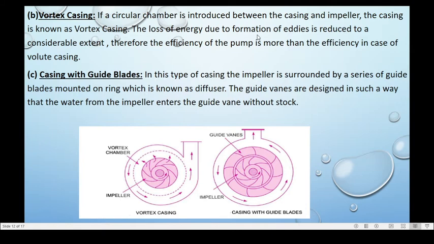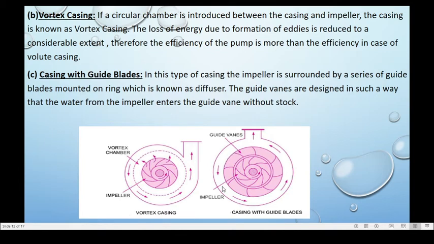The loss of energy due to formation of eddies is reduced to a considerable extent. Because of that, the efficiency of a pump having a vortex casing is greater than that of a pump having a volute casing. Next is a casing with guide blades.